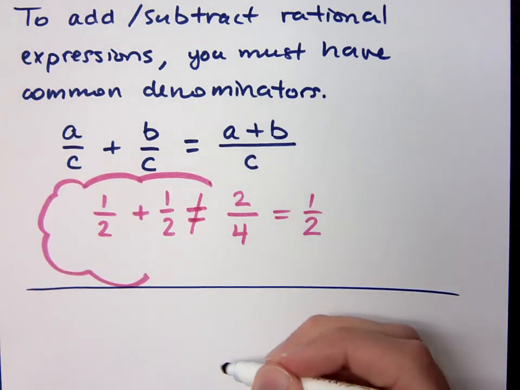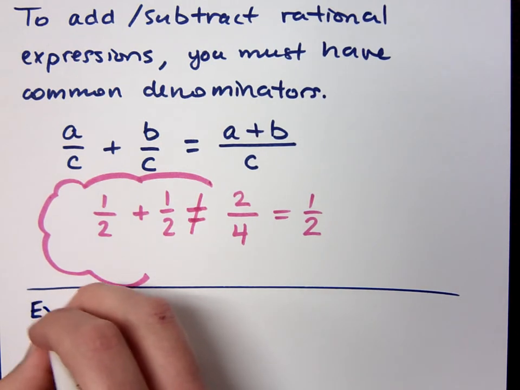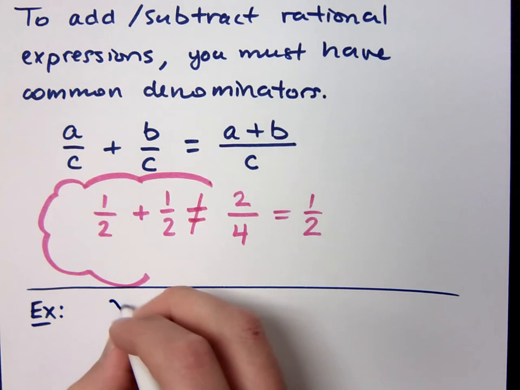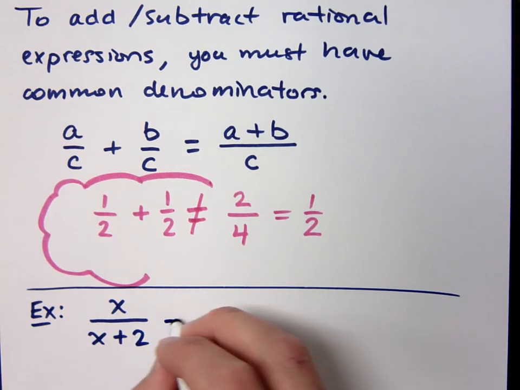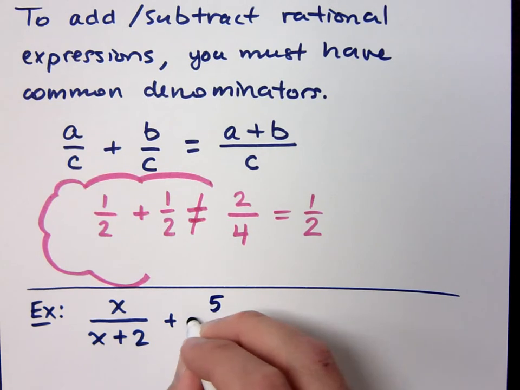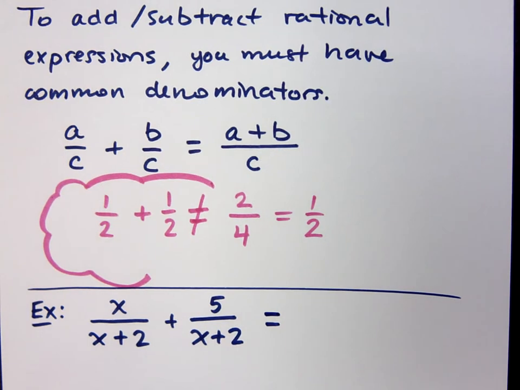Let's see if we can do an example to make sure we understand what's going on here. If I take x over x plus 2 and I add to that 5 over x plus 2, notice how we have the same denominator, which means I get to do what?